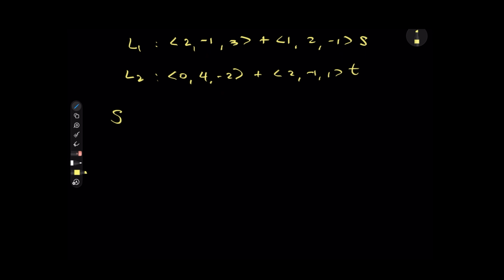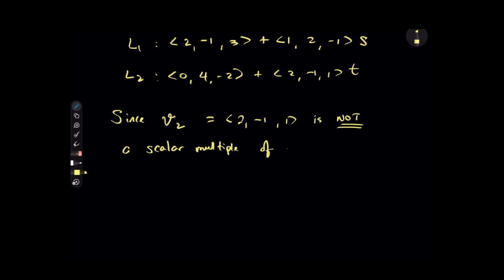I'm going to say since vector v2, which is (2, -1, 1), is not a scalar multiple of v1, which is (1, 2, -1), then the lines are not parallel. Okay, so that part is taken care of.